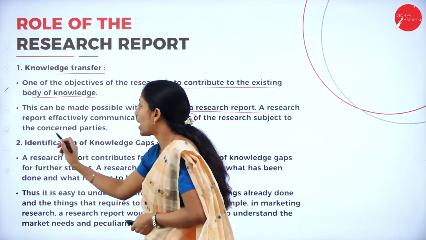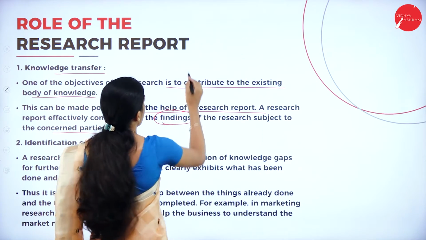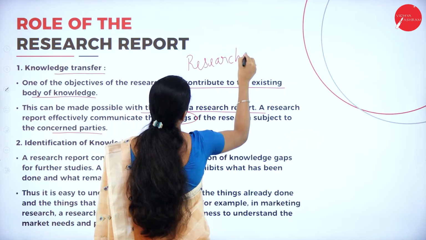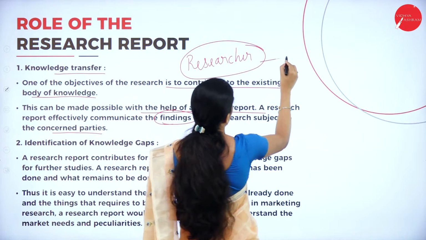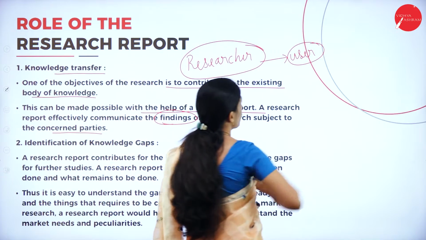findings of the research subject to the concerned parties. So what you have to remember here, as I have already told you, the researcher is a person who prepares the research report. Correct? So here the knowledge of the researcher will be transferred to the user. So who are the users? That is, the users of the research report.